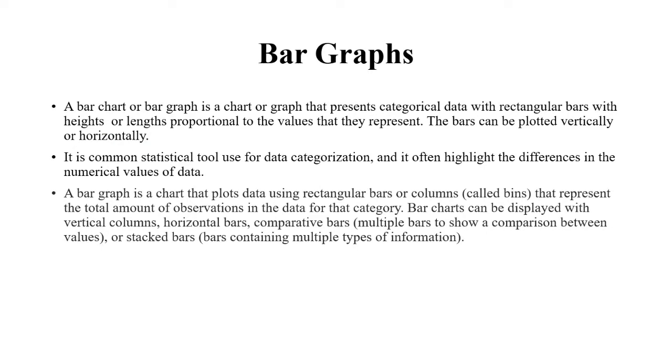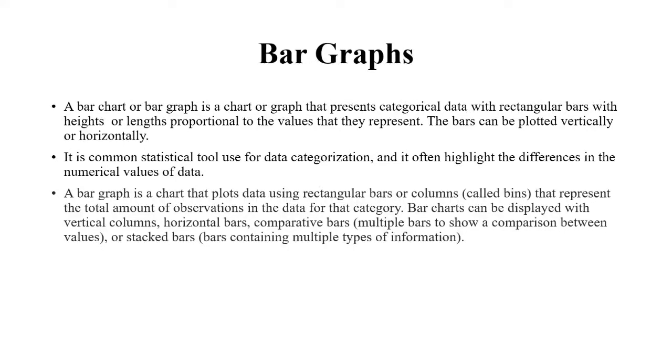A bar graph is a chart or a graphical representation of data, quantities, or numbers using bars. Bar graphs are used to compare numbers, frequencies, or other measures of distinct categories of data.